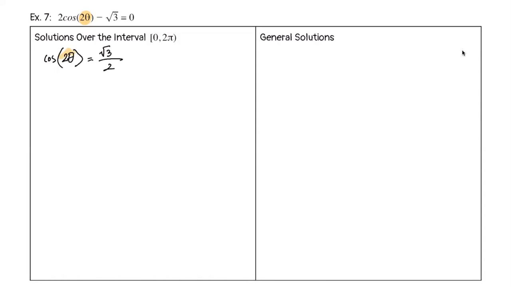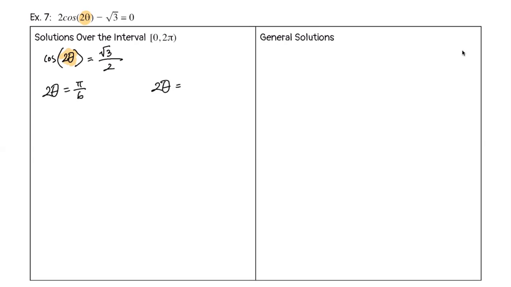Well, I bet you guys can tell me what 2 theta equals. Pi over 6 for sure is one of those.